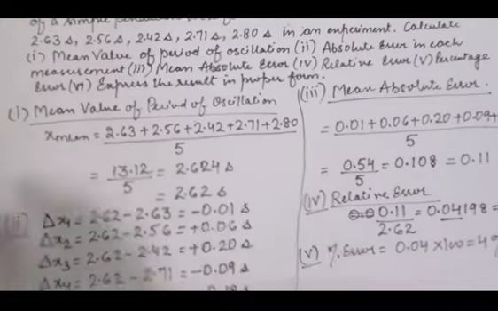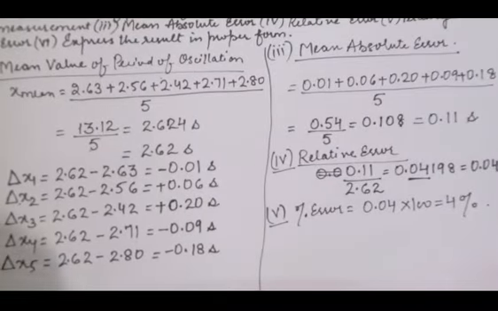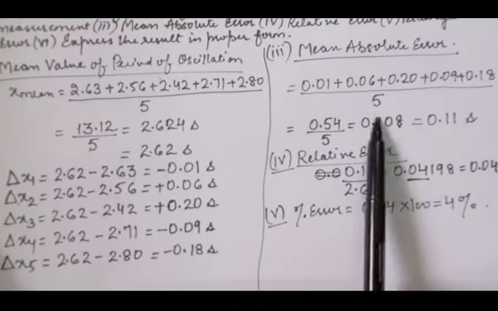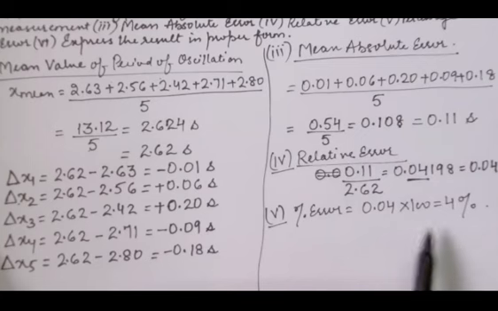We can express the result in 2 forms, in terms of the absolute error and in terms of the percentage error.